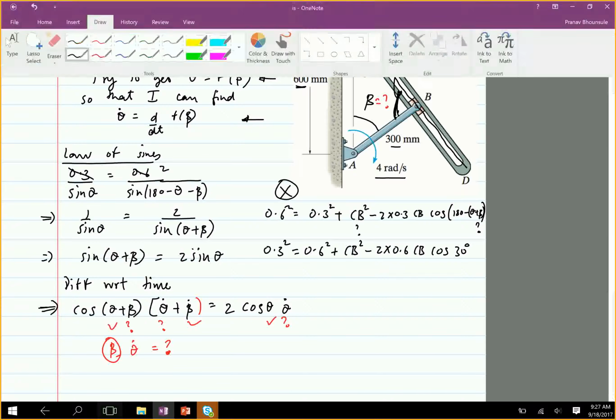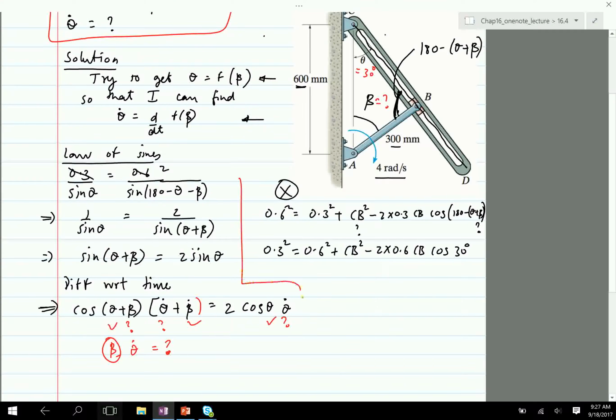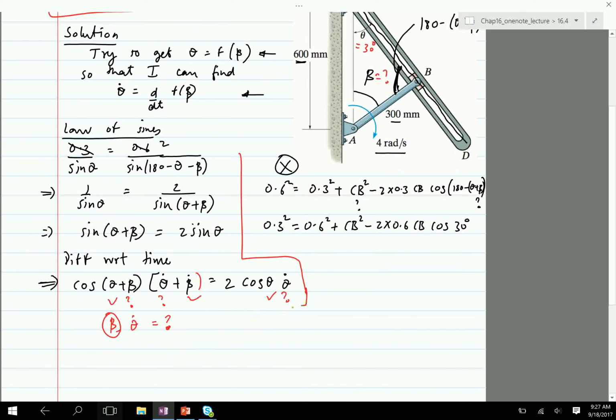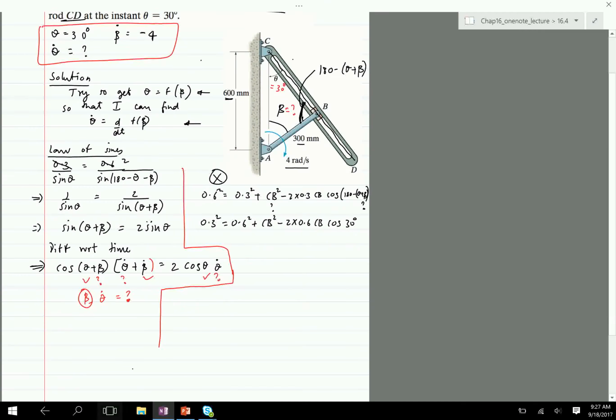So you could find the CB. I could find CB using law of sines, absolutely. There's more than one way to solve this. You can use the law of sines, or you could use law of cosines, absolutely. I just use the law of cosines. So from this expression, solve for CB.